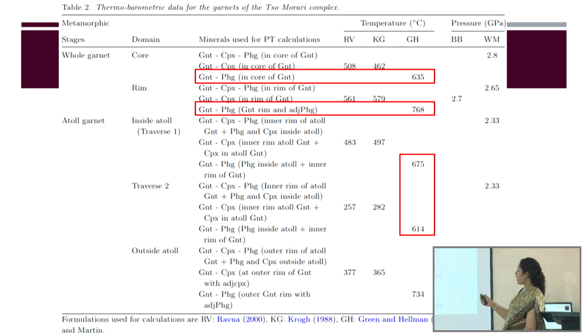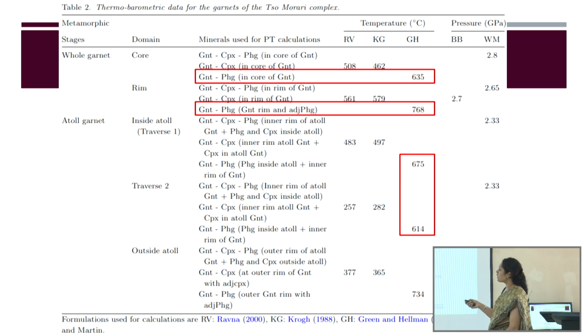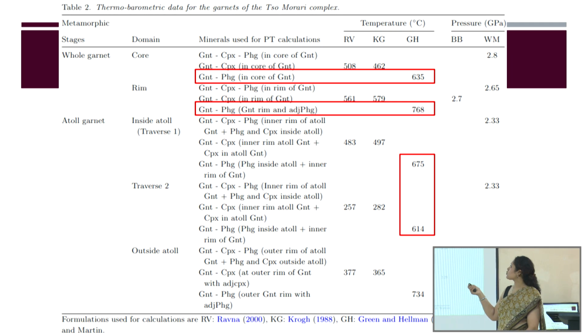Out of these two traverses, I don't remember which traverse we used now for these calculations, but the range of the temperature is now 614 to 675, so definitely lower than UHP. So the rim of the garnet represents the UHP temperature of nearly 800 degrees, and the atoll garnet represents a lower temperature at a lower pressure. So that gave us an idea that maybe this is, like I said, post UHP.